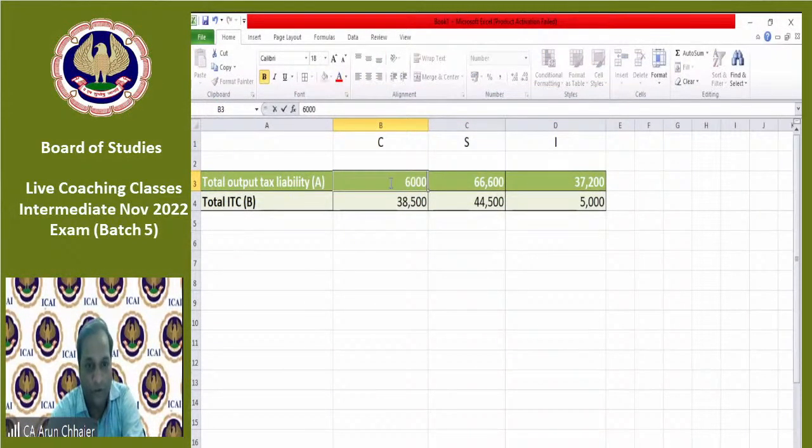I'm just doing the rounding off so that it would be easy for our calculation.